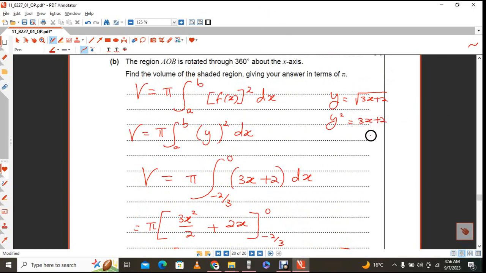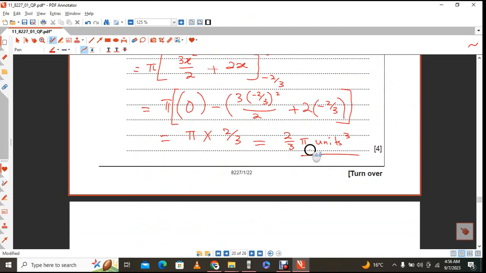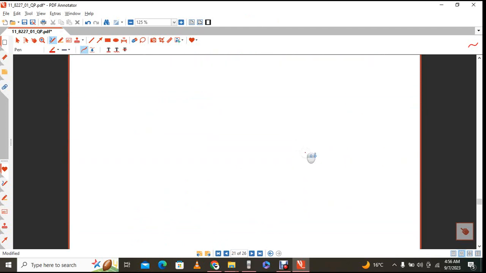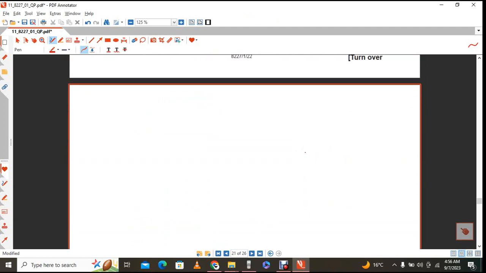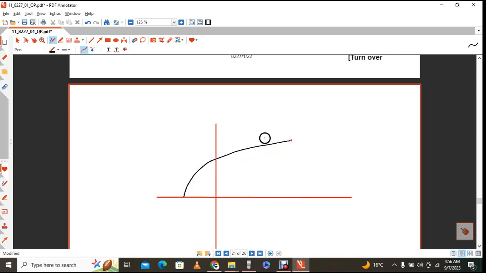Right. I have another way that I am solving this question, perhaps just as a matter of interest. If I was to have my Cartesian coordinate system, let's say like so, and the function goes like so.